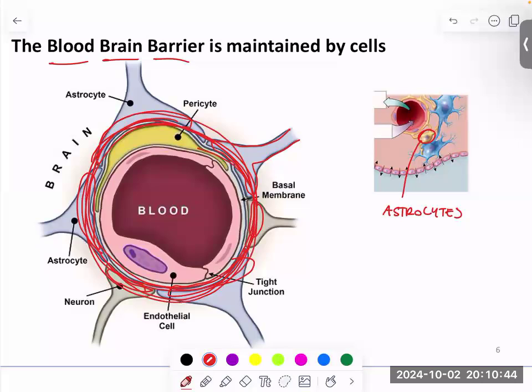Those cells have special transporters that allow the astrocytes to choose what comes out, what goes into the blood. So the astrocytes also help maintain the cerebrospinal fluid. Ependymal cells make it. Astrocytes maintain it. They maintain it by making the blood-brain barrier.